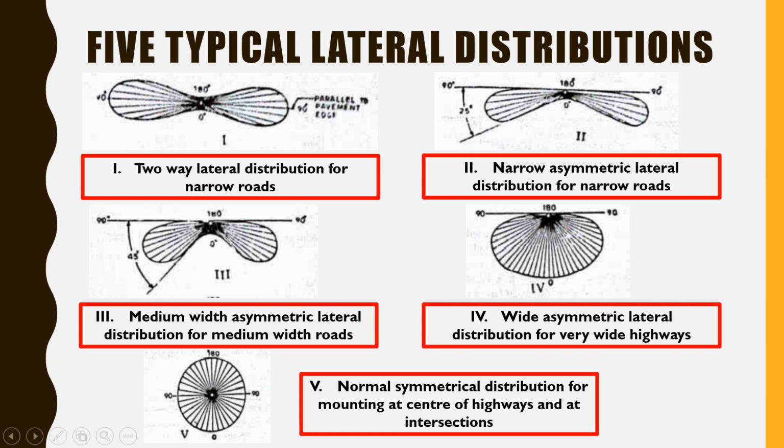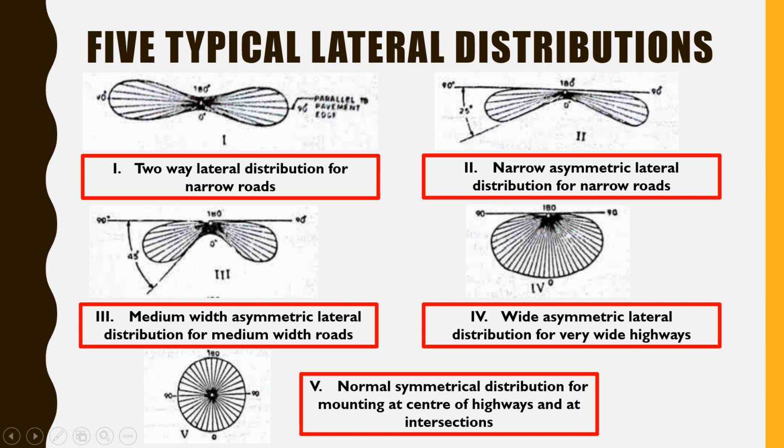Now for medium width roads, let us come to type 3, where this angle increases to 45 degree and we get greater illumination from 0 to 90 degree, and it is also asymmetric lateral distribution. Now for very wide highways, you can see from 0 to 90 degree the illumination area is more or less like a circle, in the fashion of an ellipse, covering the area of illumination uniformly.